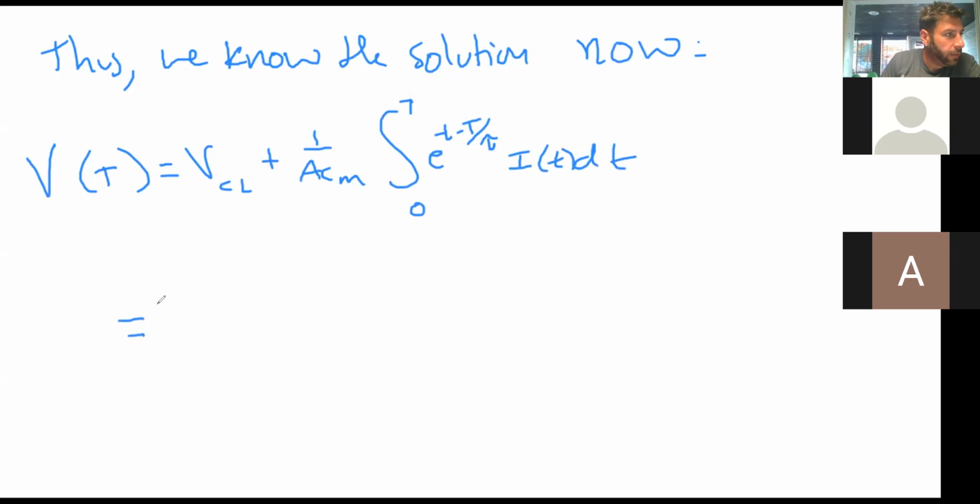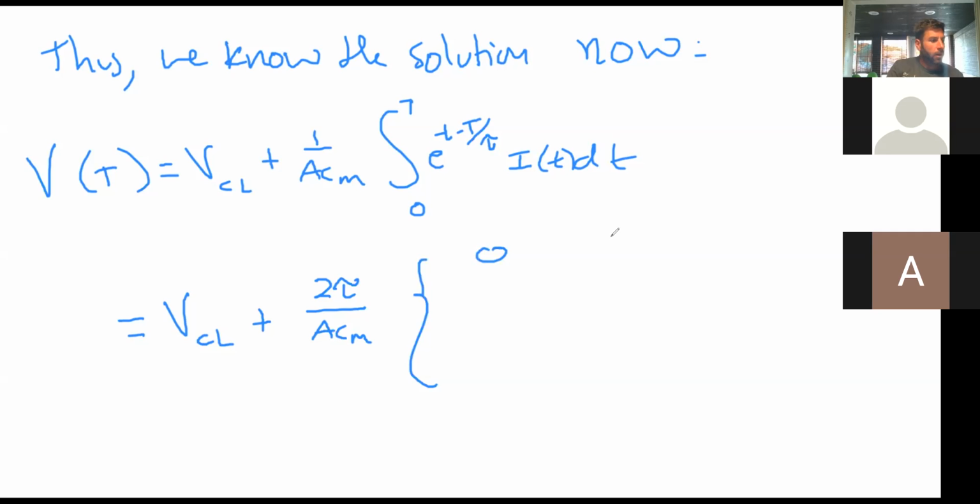Well, we just figured out that it's piecewise. So if we put our pieces of the puzzle together, it's 2 tau out front over a c sub m. And then what did we find? Well, it depends. It's going to be 0 when t is less than 5.